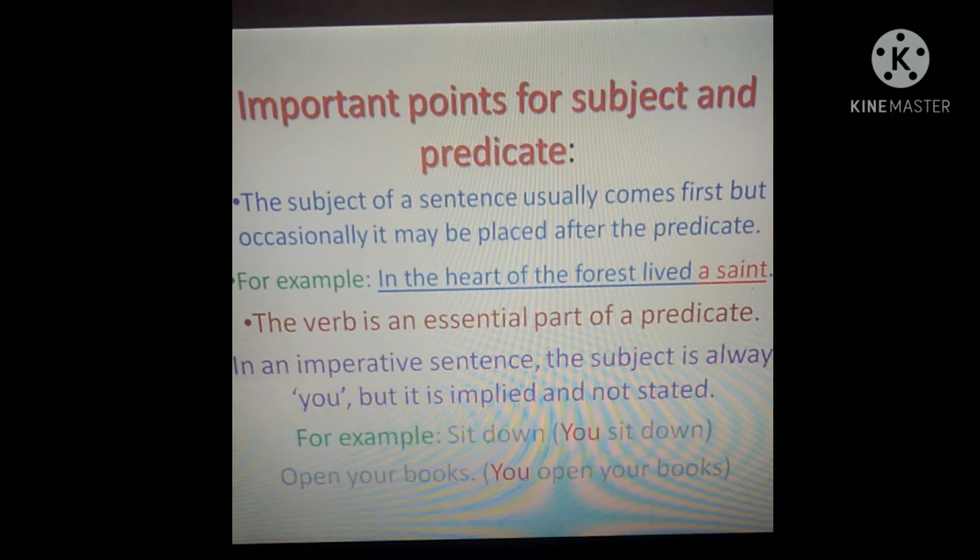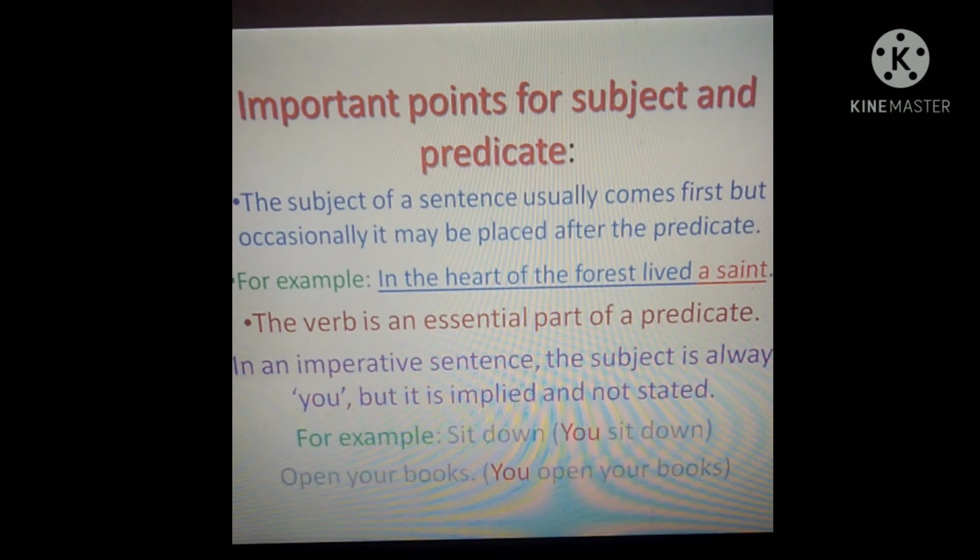The word "a saint" is the subject. And what is the predicate? In the heart of the forest lived. In the previous sentences that I had shown you, the subject was coming before the predicate. Here we can see that the subject can also be placed after a predicate.